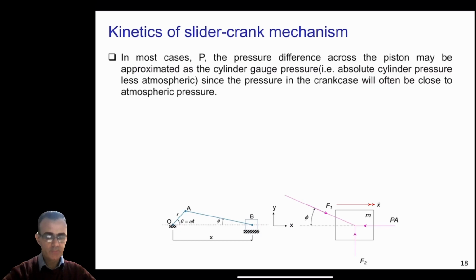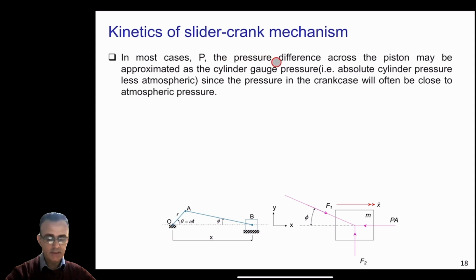Okay, so now in most cases, P, the pressure here, is the pressure difference across the piston. This is because on this side we will have atmospheric pressure, and on this side we have this pressure. So the P that we will use here should be the difference across the piston.